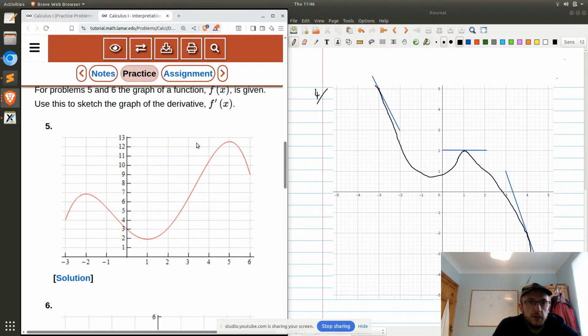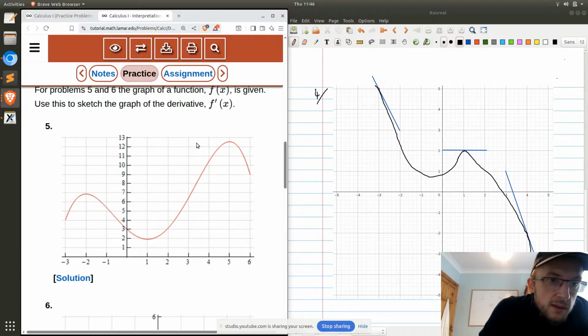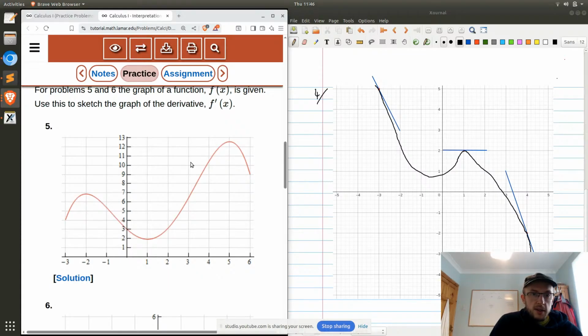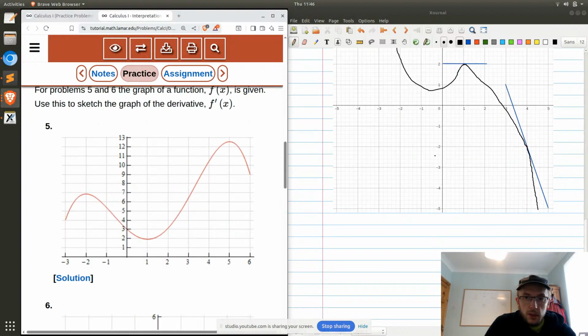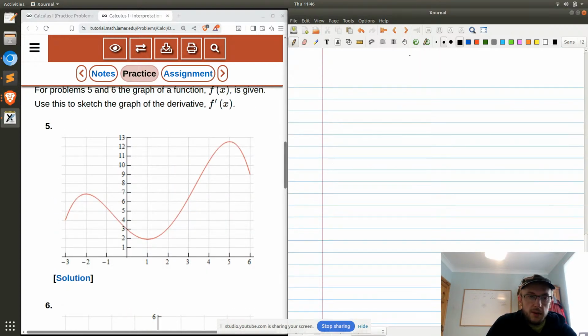Okay, for problems 5 and 6, the graph of a function f of x is given. Use this to sketch the graph of the derivative f prime of x. So what we'll do is we'll grab the graph itself and put the derivative on that graph.